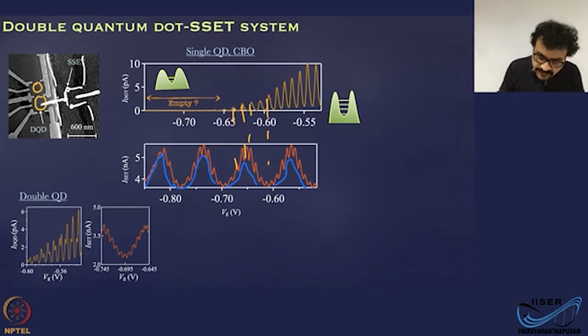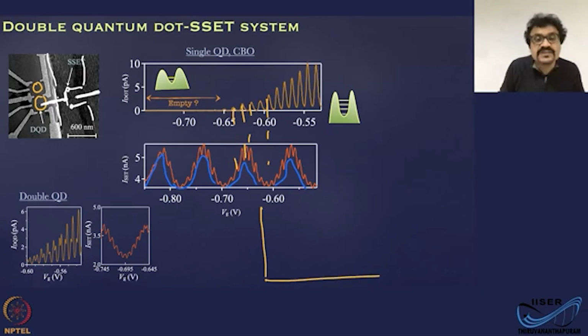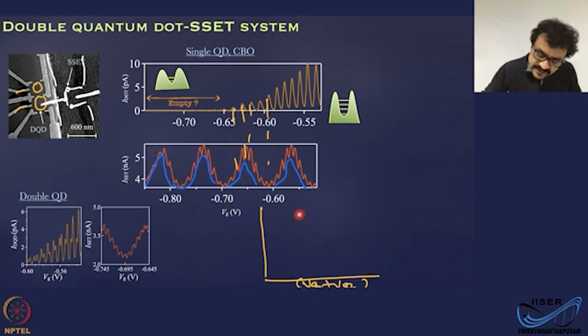So if you take a sweep of both gates together, that you have gate VG1 plus VG2, these two plunger gates, this one and this one here, and you see those two together, you have a charge stability diagram which is looking like a honeycomb, right?